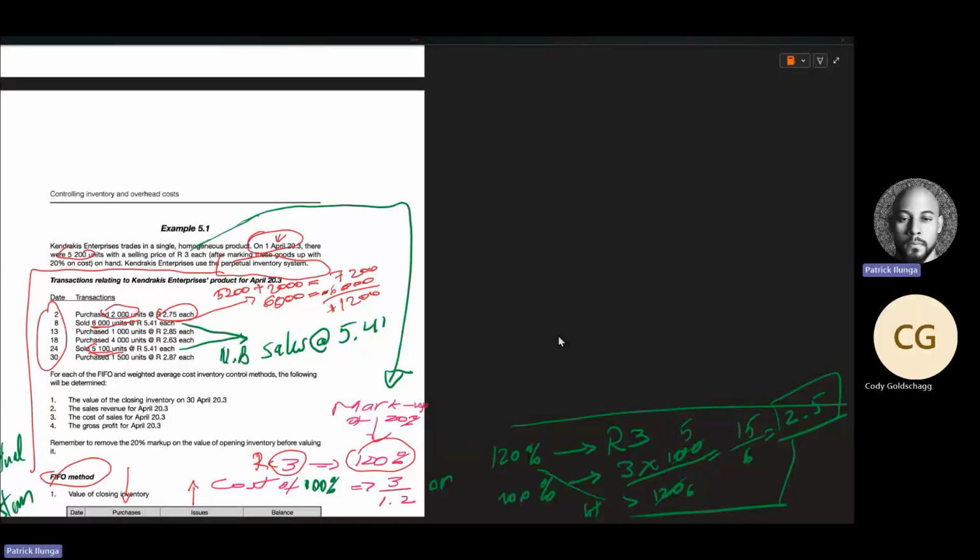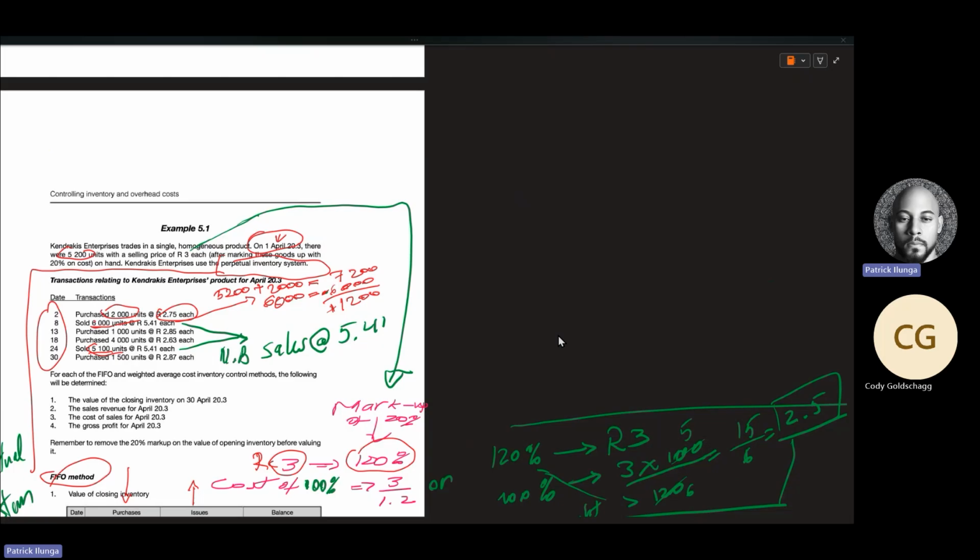But what we understand from this company is that from the very beginning of the month, so we are given already a particular period. It could be April 2023, whatever it is, but we know that for that year, at the beginning of April, they had already acquired 5,200 units. And they do tell us the selling price, which is 3 rand.